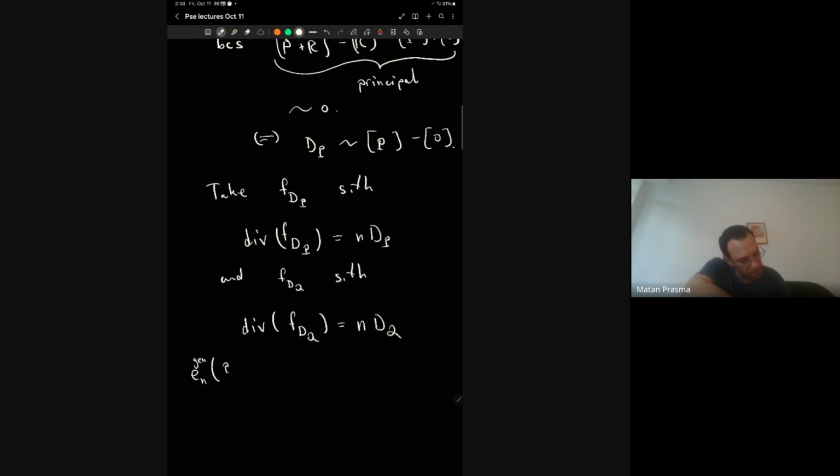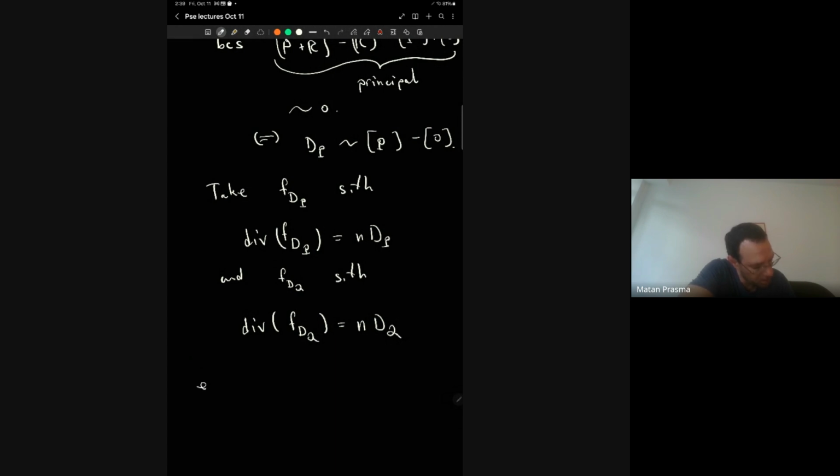We know that the definition of the generic Weil pairing is evaluating one rational function at the other divisor and taking the quotient.